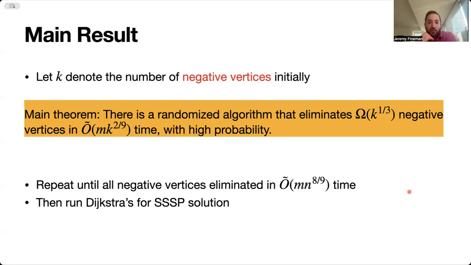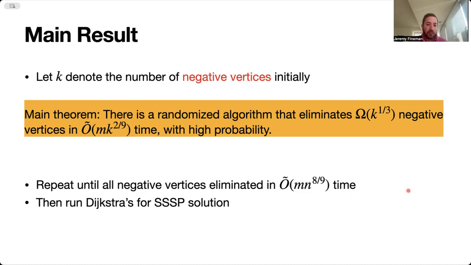Once you have this main algorithm, you can just repeatedly execute it until no negative vertices remain. And in doing so, you'll get a running time of m times n to the 8/9. And then finally, you have a graph with no negative weights, so you can just run Dijkstra's to find the shortest paths. Okay, so that's the main result.